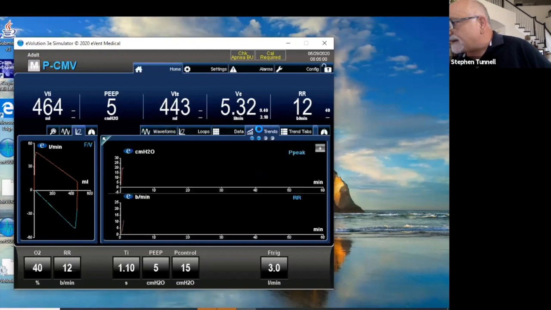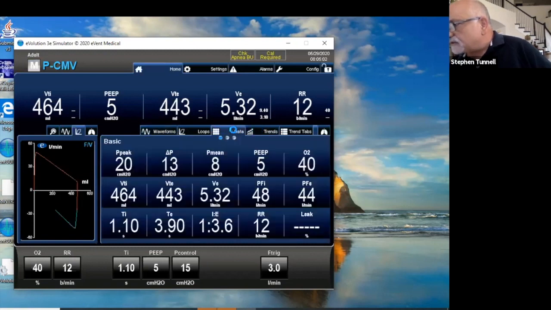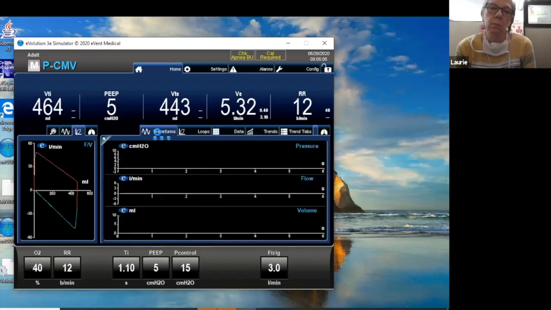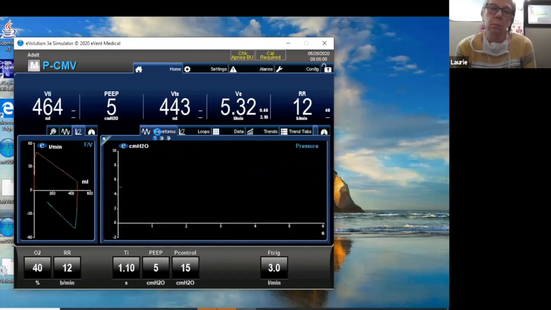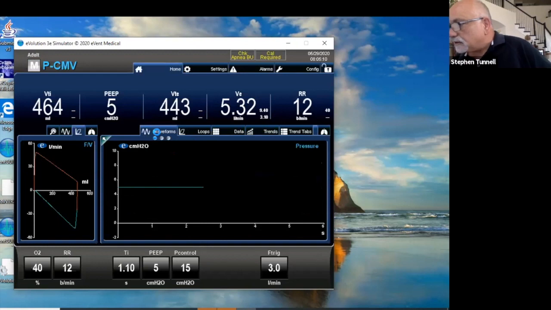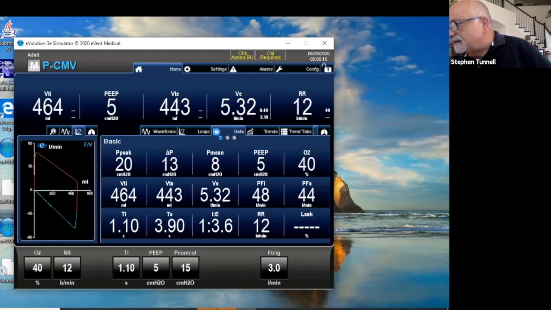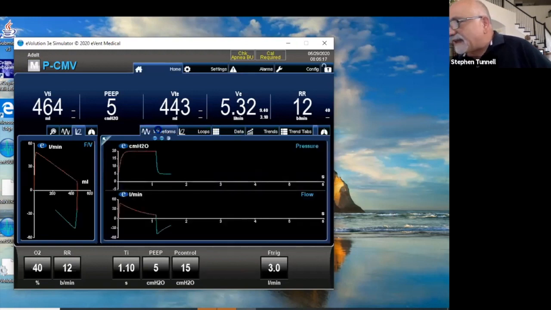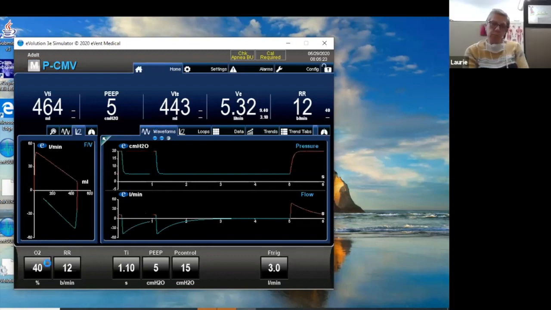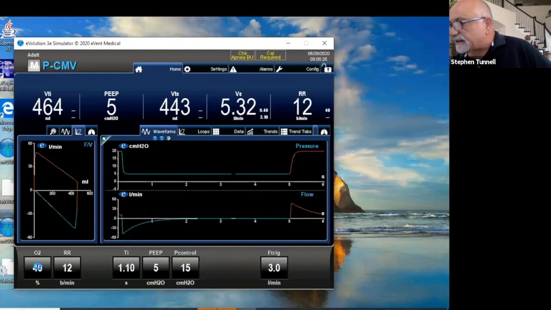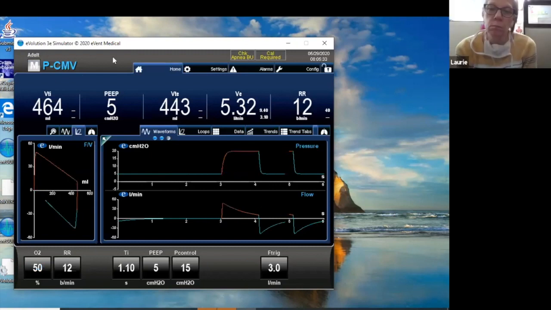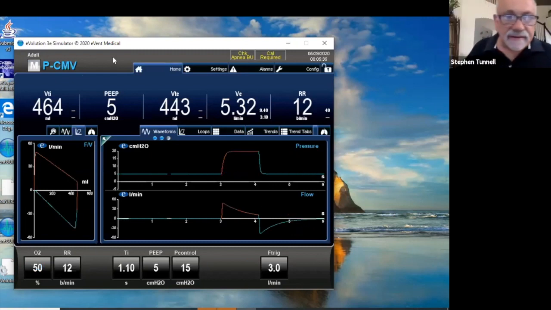There's a place where we trend data. There's also numeric data. So the system is quite flexible. It can look quite simple, or it could get really crazy. And that's really what makes it a high-end ventilator. The clinician touches a button and drives up how much oxygen they want to give, and bang, bang. So that's kind of a simulation of the ventilator.